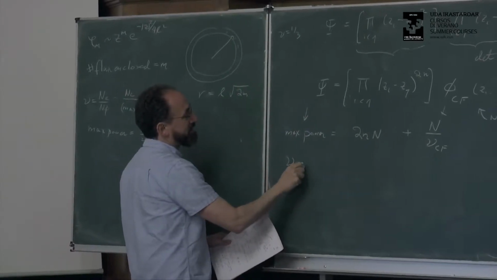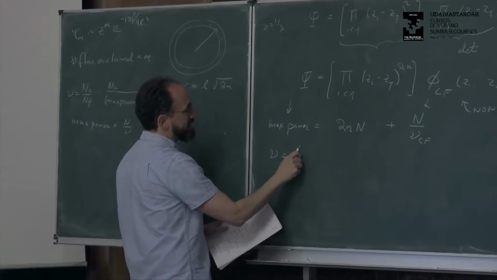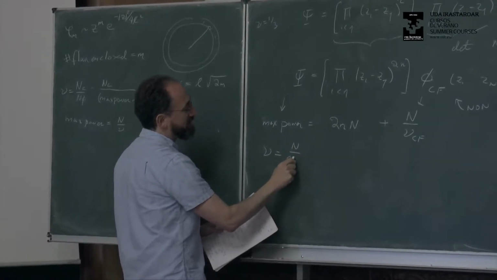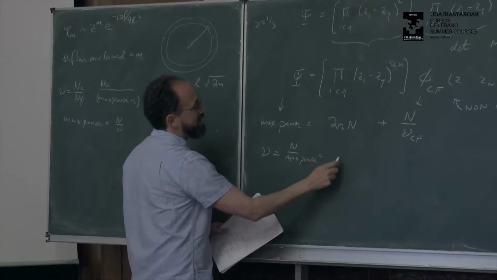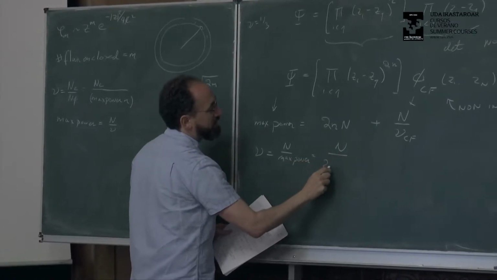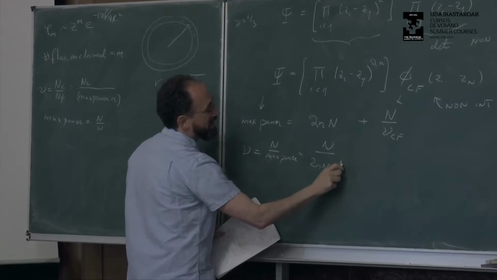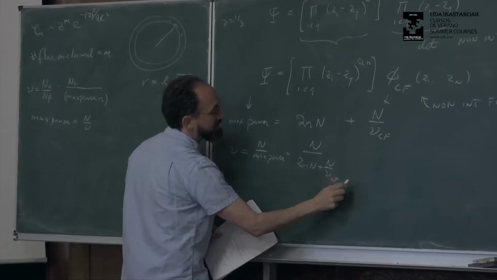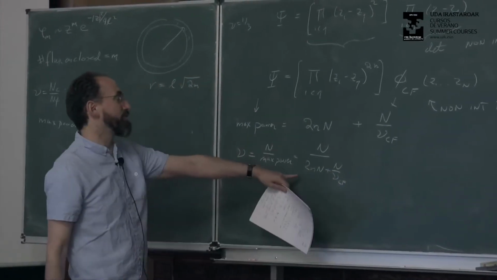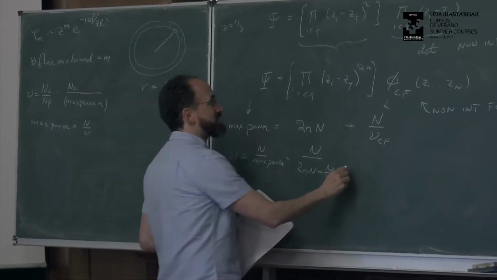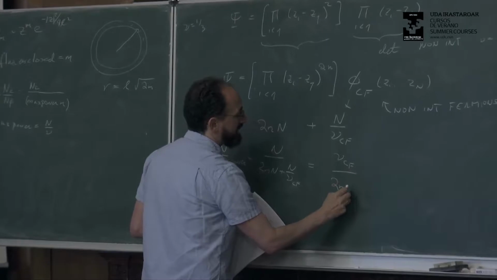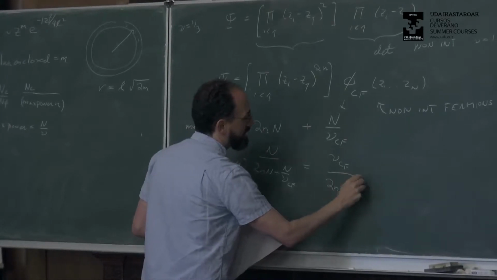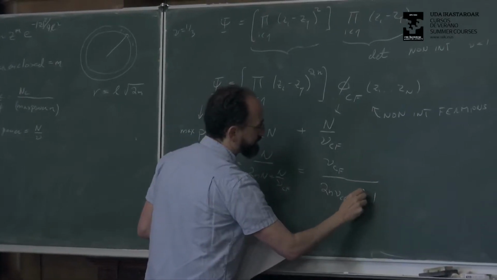So the filling fraction for the final wave function is n over the max power, which is then n over 2nn plus n over ν composite fermion. Then we'll divide through by n, multiply through by ν composite fermion, and we'll get ν composite fermion over 2n ν composite fermion plus 1.